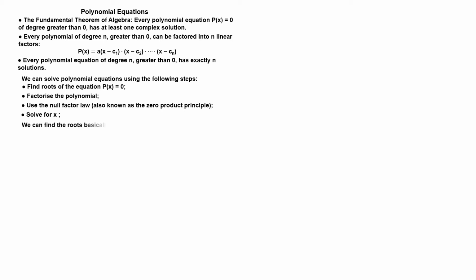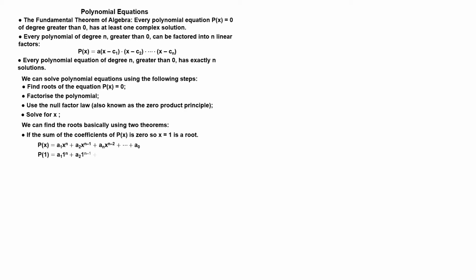We can find the roots basically using two theorems. If the sum of the coefficients of p of x is 0, then 1 is a root. Take a polynomial p of x and replace x with 1. 1 will be a root if and only if the sum of the coefficients is 0.